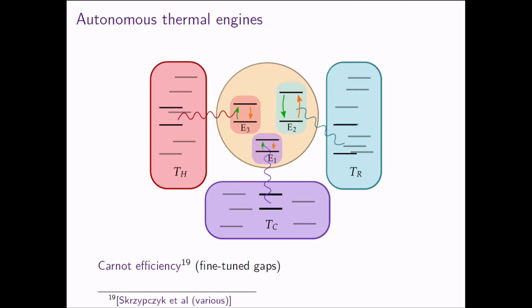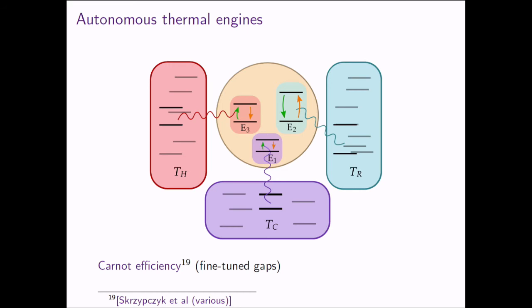The idea behind these engines is you take 1 qubit and you put each qubit in contact with a bath, so that it thermalizes. But you choose these gaps very carefully, such that they match in some way that is convenient for an engine. So in this case, this gap plus this gap equals that gap.